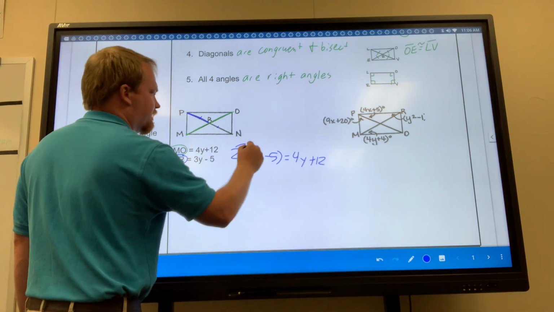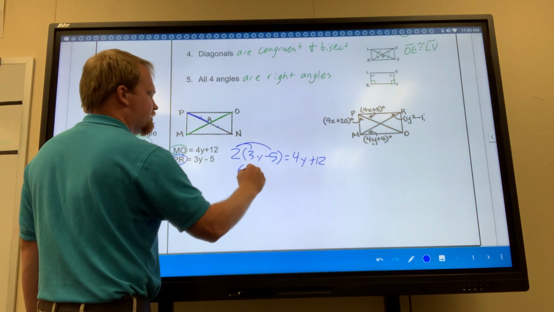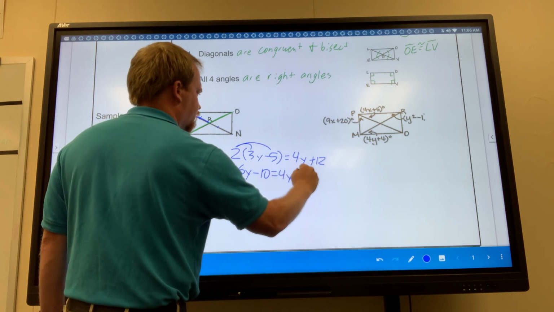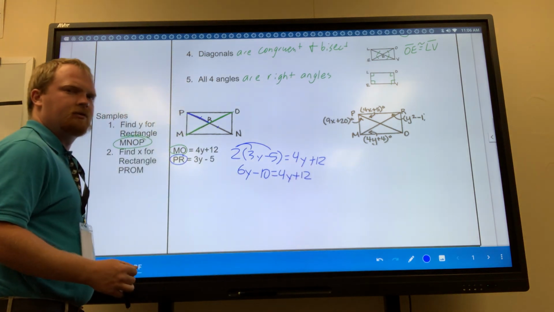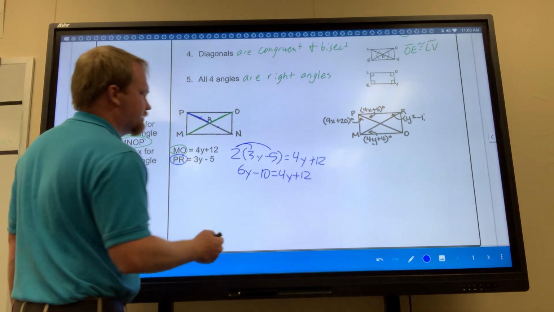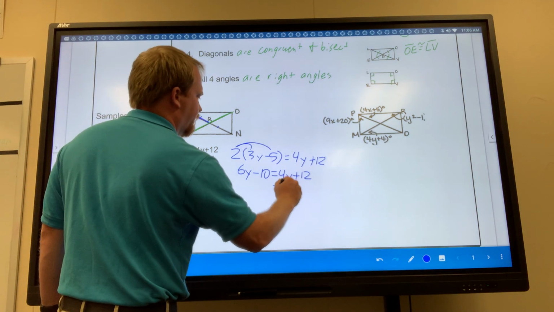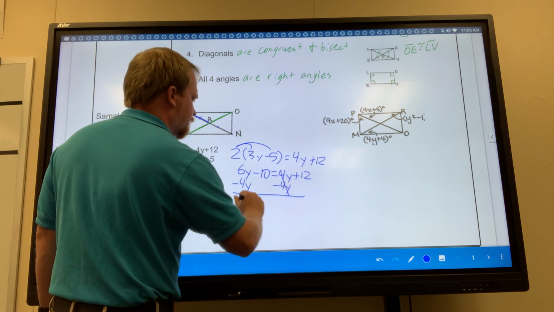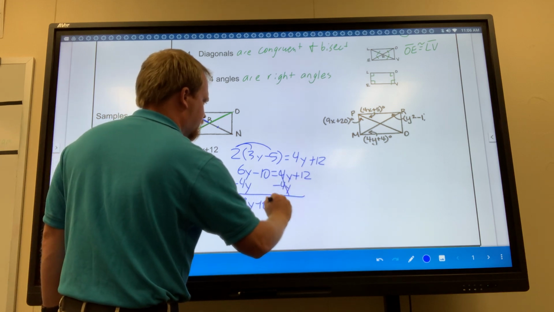So basically, I just have to distribute the 2 to get 6y minus 10 equals 4y plus 12. Next, I subtract 4y from both sides. So I get 2y minus 10 equals 12.